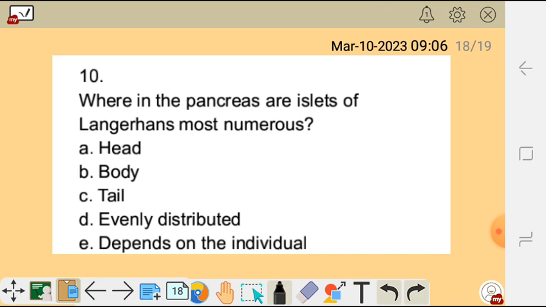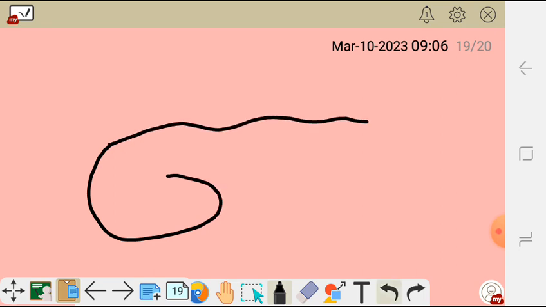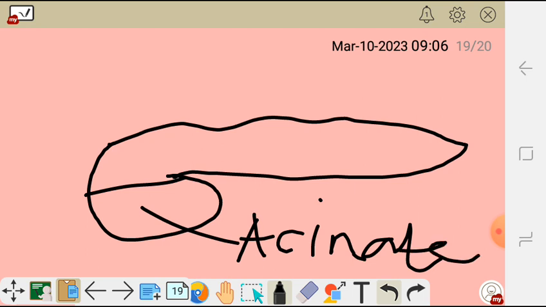So where in the pancreas are islets of Langerhans most numerous? So the pancreas is divided into 5. We have the uncinate process, and then we have the head here, and we have the neck.